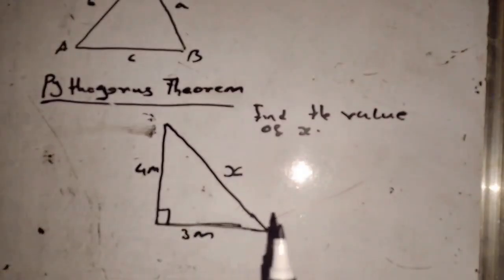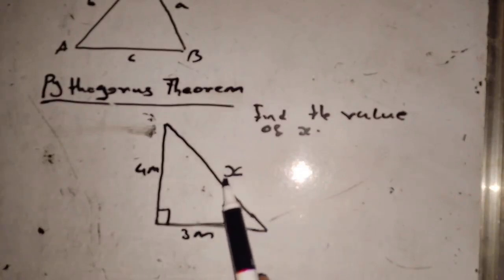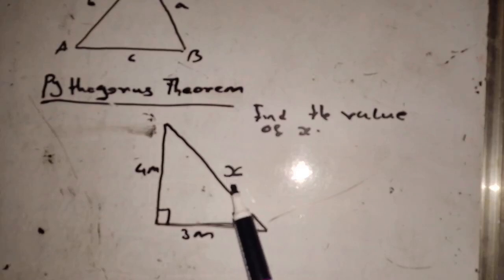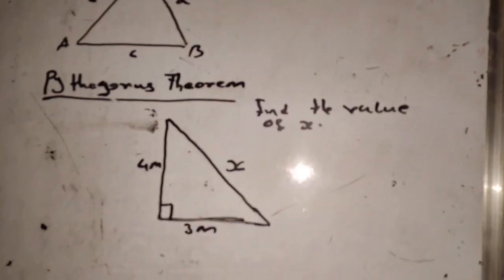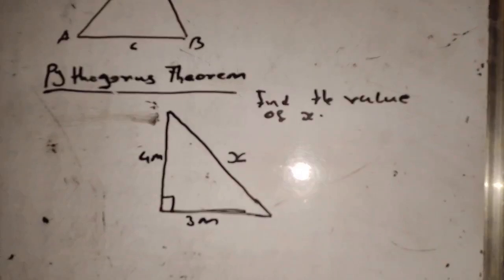For us to find the value of x, we need to do x squared equals 4 squared plus 3 squared, because x is our hypotenuse. As you can see, it's the longest side on our triangle. So we're going to have x.